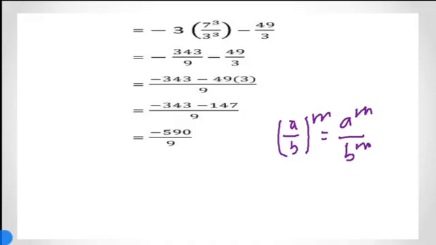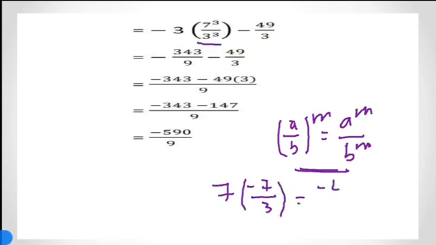So we just used this identity here, and here 7 into minus 7 by 3. Just multiply 7 inside the bracket, we get minus 49 by 3. Right children? 7 into 7 we get 49. So plus 7 into minus 7, we get minus 49 here.